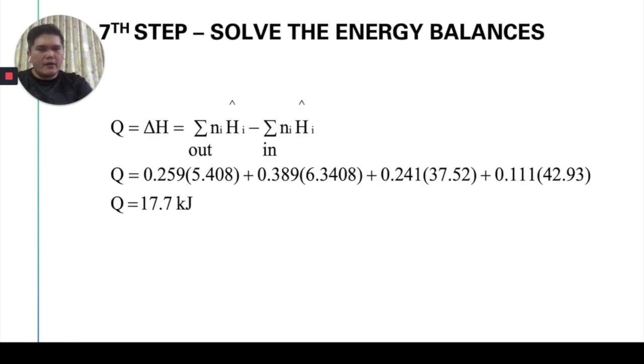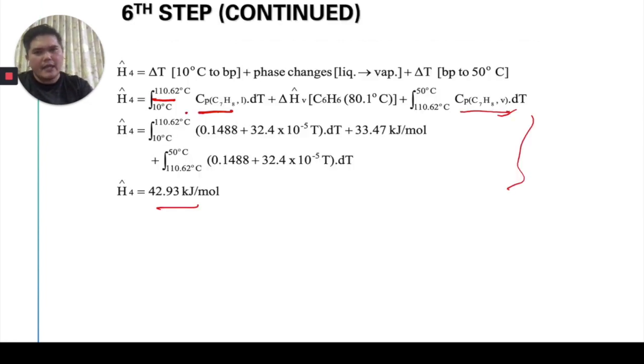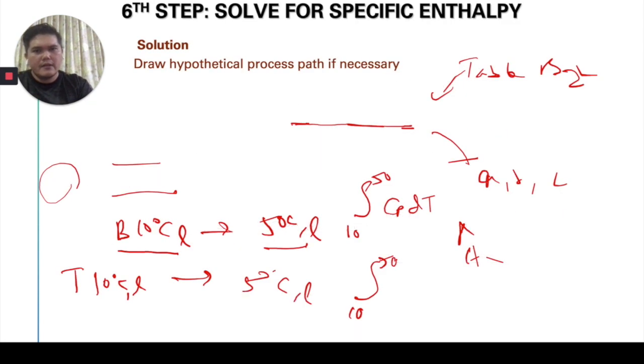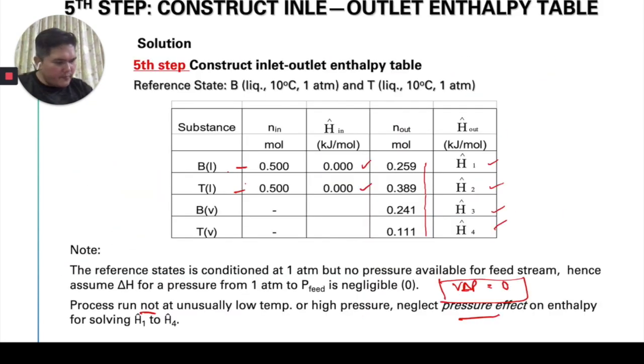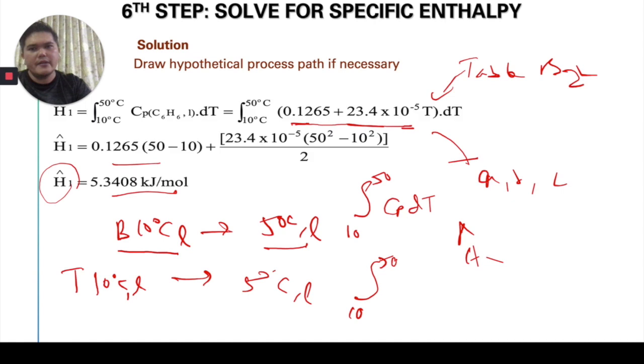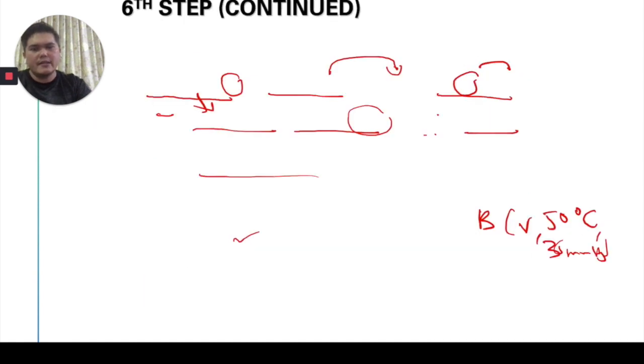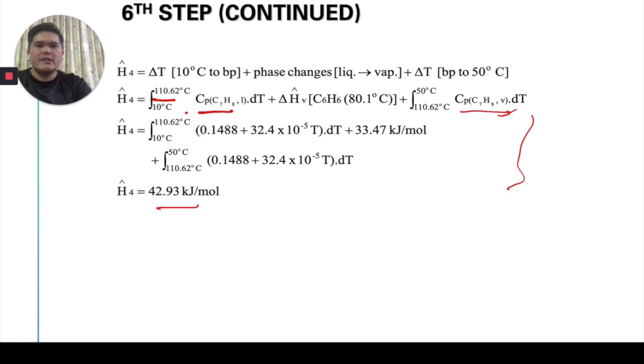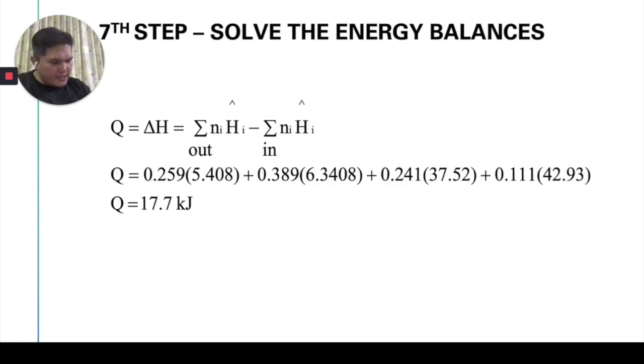Whenever you have all these values, you have to substitute back in the table. You remember the table that I showed you earlier. When you fill up all this information, you have to make sure that this value multiplies with this, added together with this multiplied with this, and so on. Because the product of this is 0, you'll be able to determine delta H out minus delta H in. You can follow this calculation, because this one results in 0.